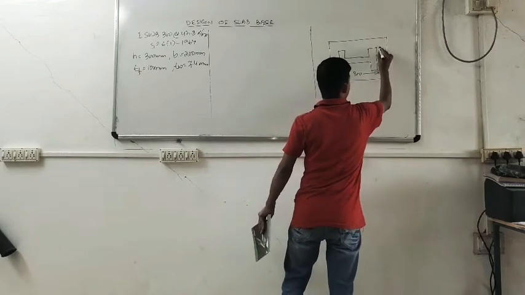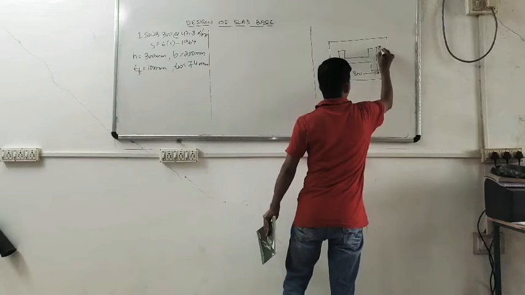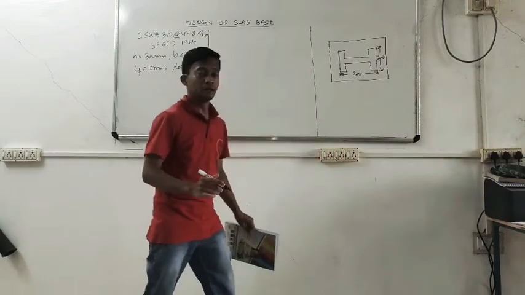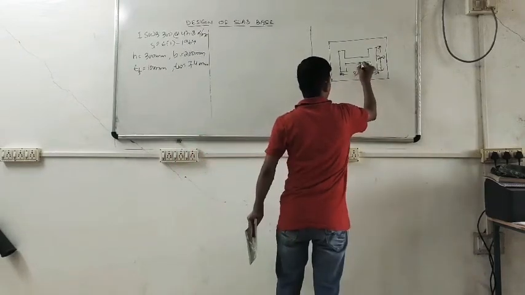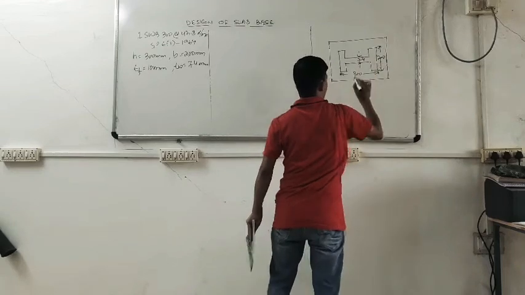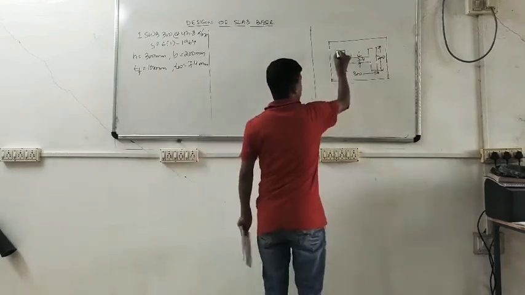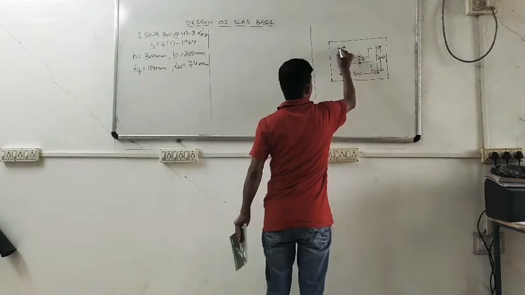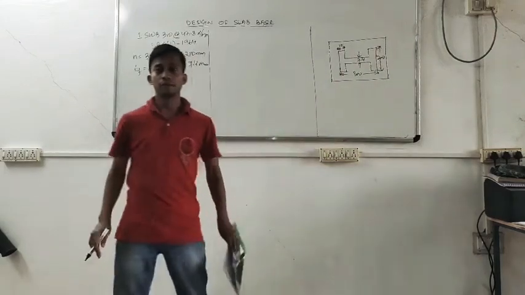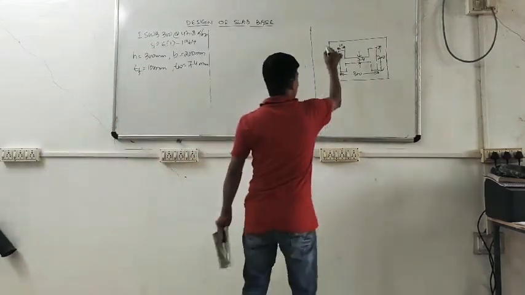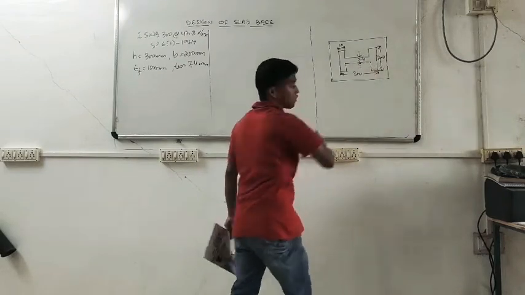The flange width is 200. The thickness of web is given 7.4 mm, and the thickness of flange is given 10 mm. So this will be your base plate, and this is the column section.